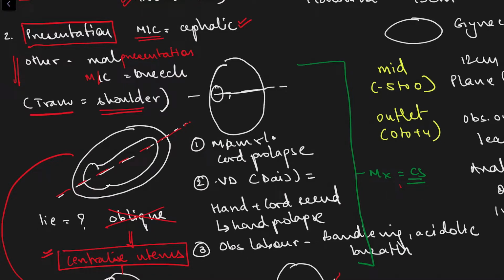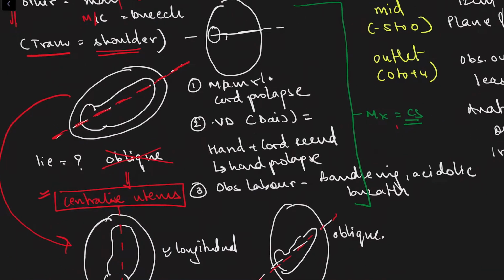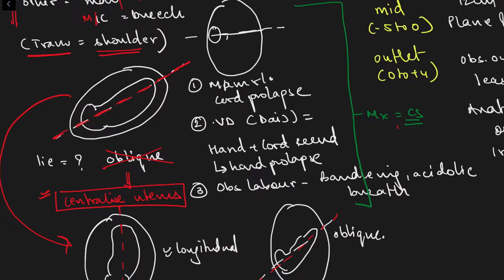So let us look at this diagram. Here we can see the uterus, and this is the lie of the fetus. Will it be oblique? No. Why? Because the uterus is not centralized here. If we centralize the uterus, we will see that the long axis of the fetus is aligning with the long axis of the centralized uterus.